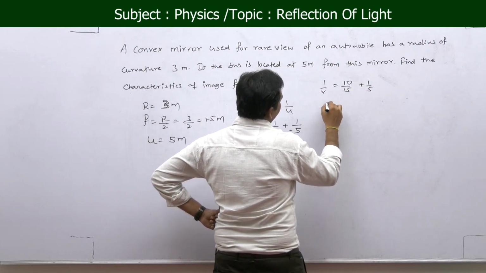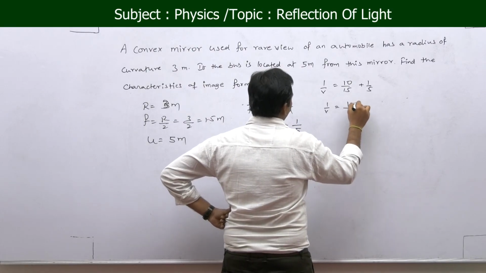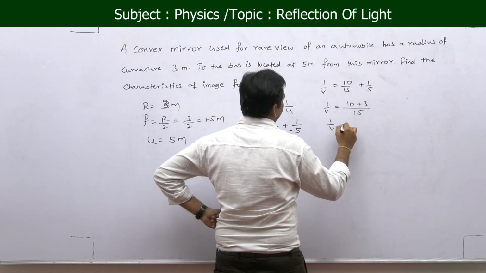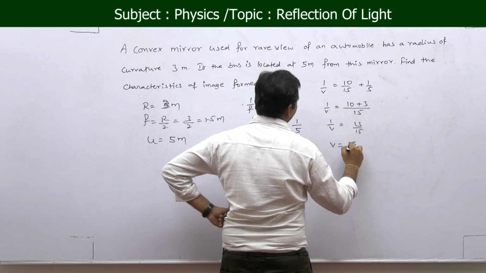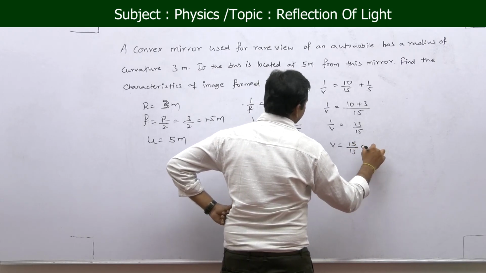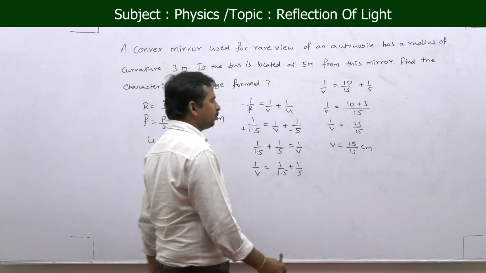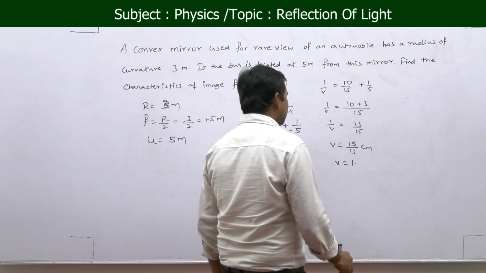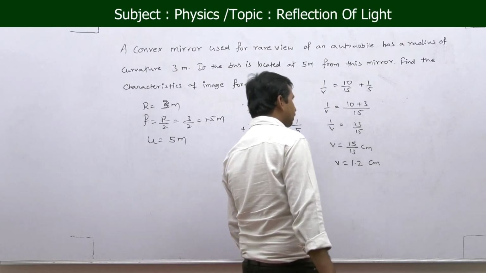Taking the LCM, 1 by v is equal to 10 plus 3 over 15, which is 13 by 15, or v is equal to 15 by 13, which is approximately 1.2.